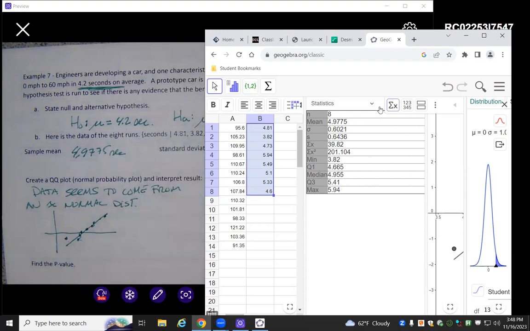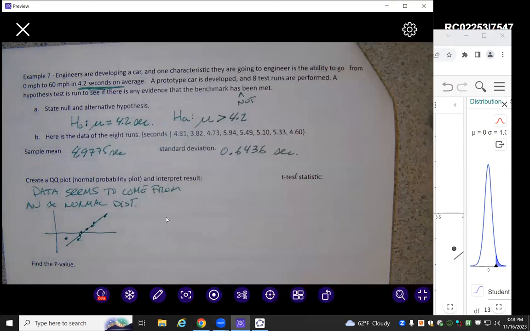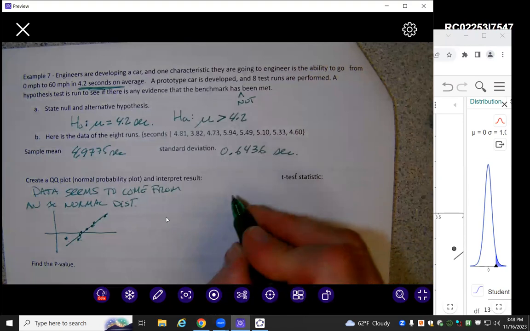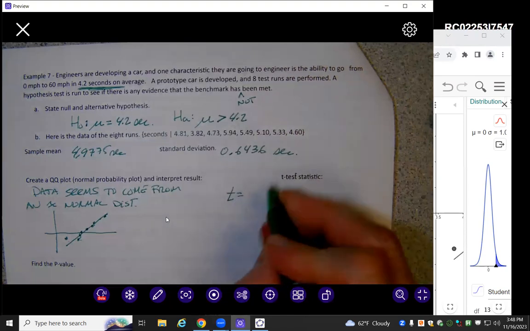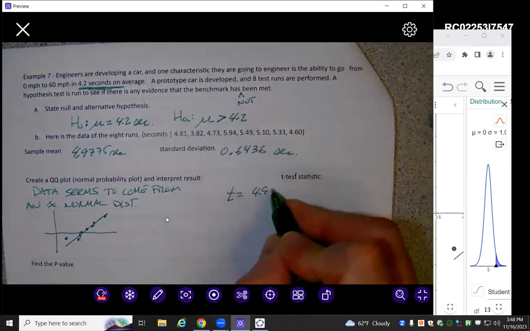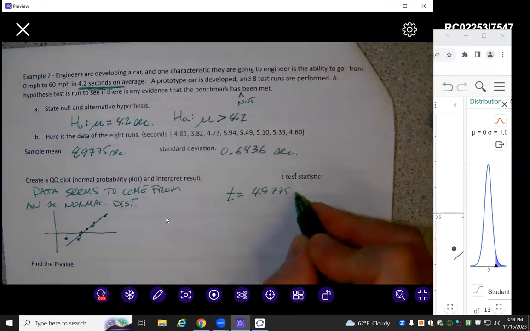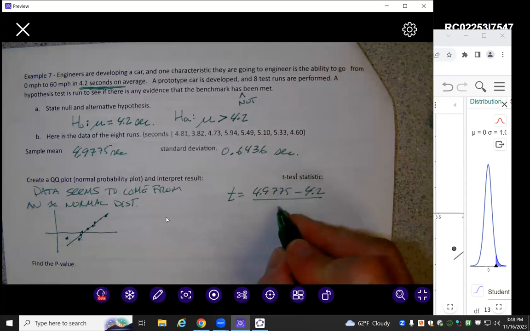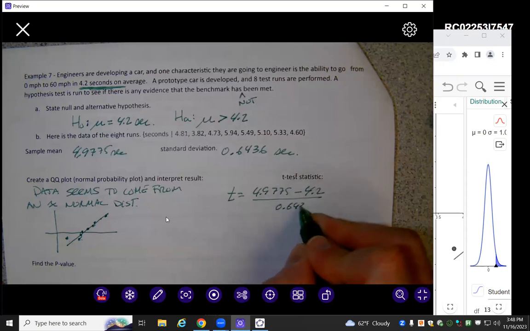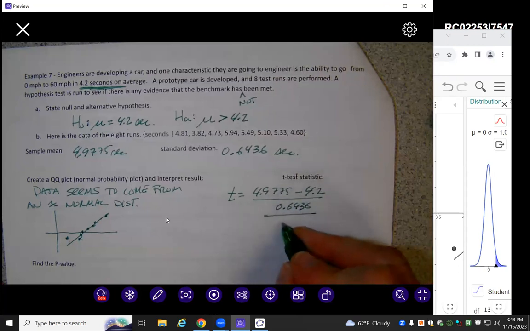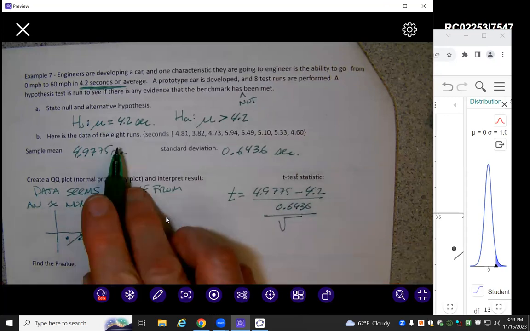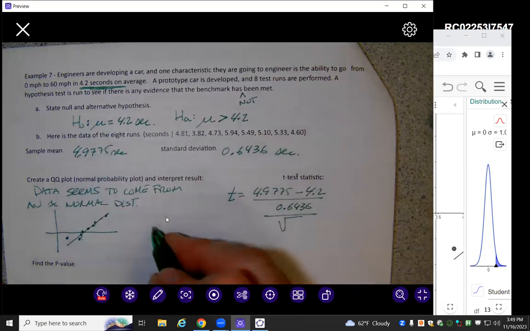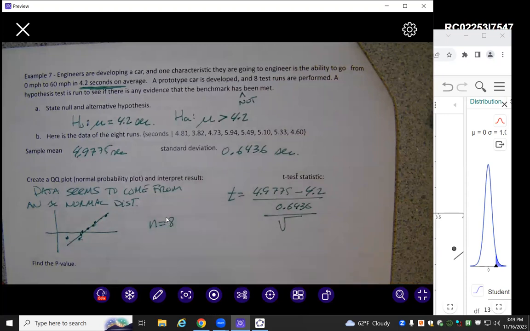Okay, so I got that information, and now I'm going to create my t-statistic. My t-statistic is just going to be 4.9775 seconds minus the mean, 4.2, over 0.6436 over square root of, and again, my sample size is 8. So n is 8.